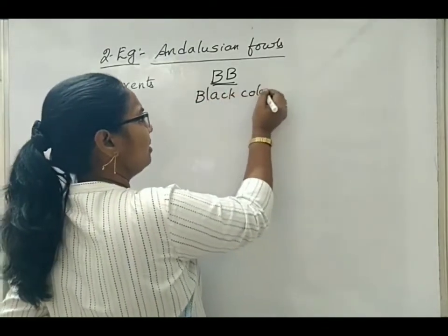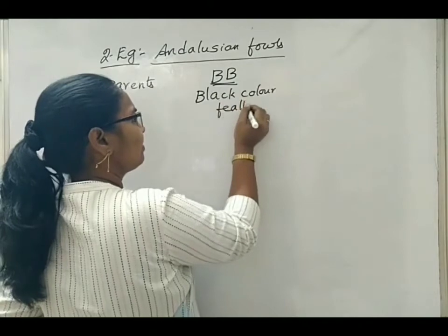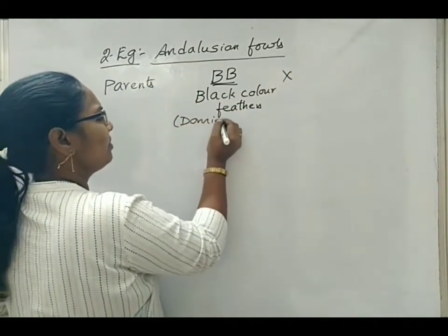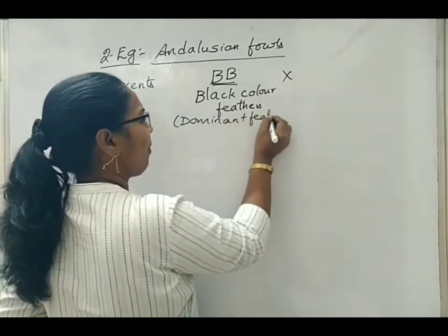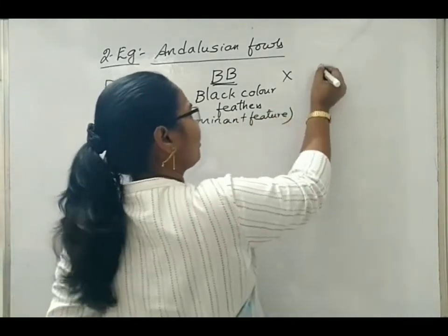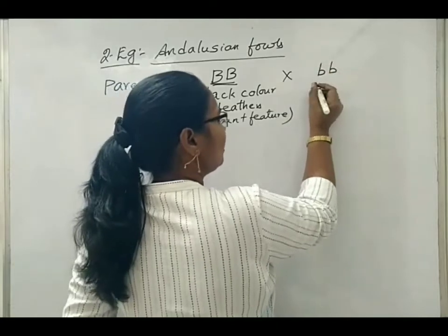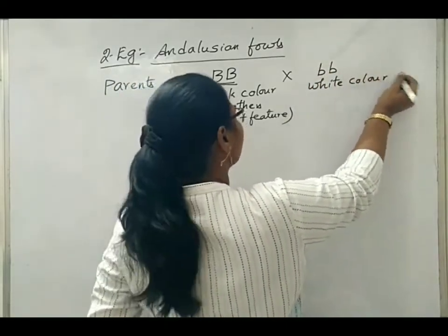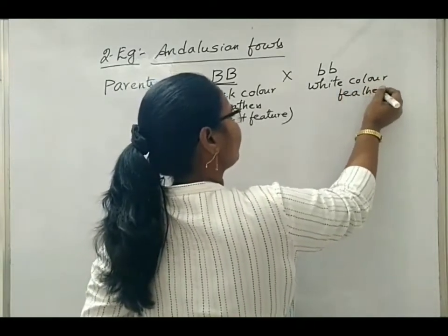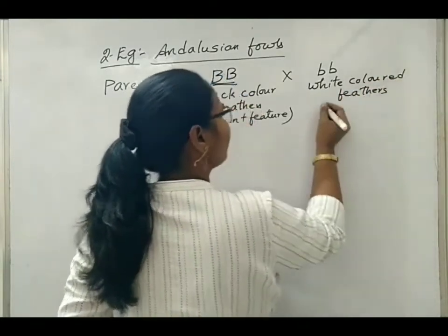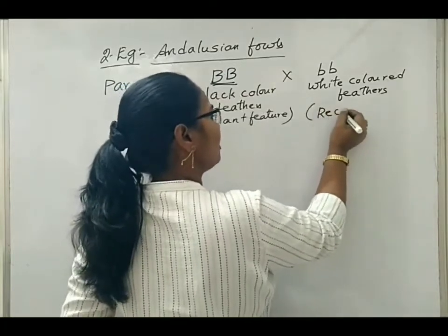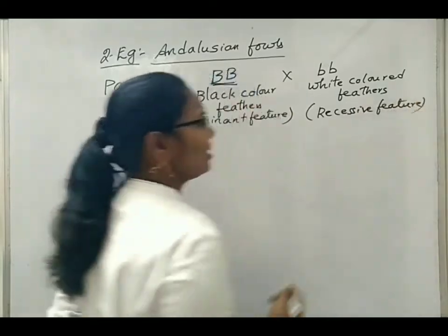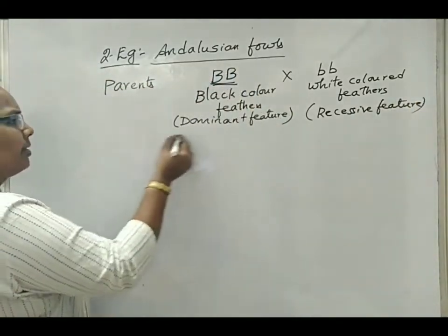This is considered the dominant feature, which is crossed with the recessive one. This is showing phenotypically white colored feathers, which are considered the recessive feature.